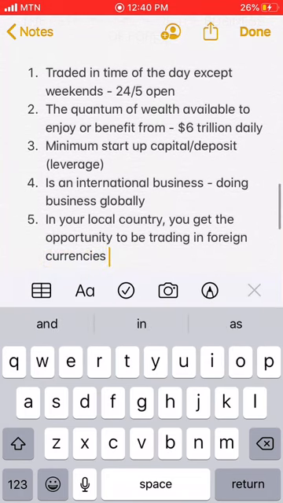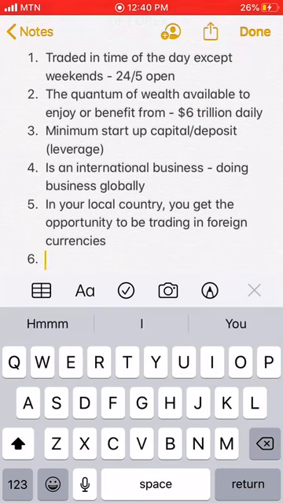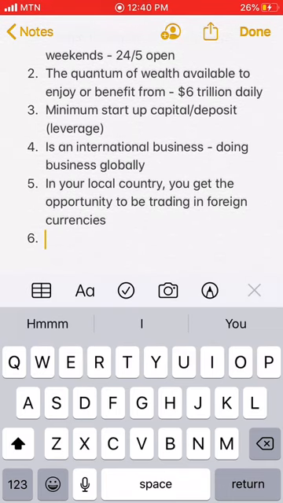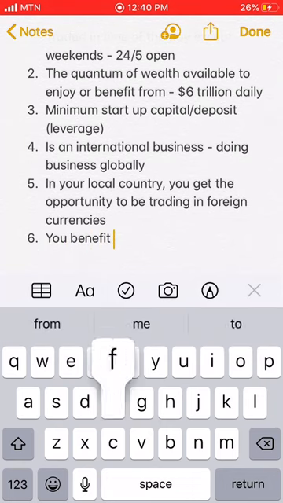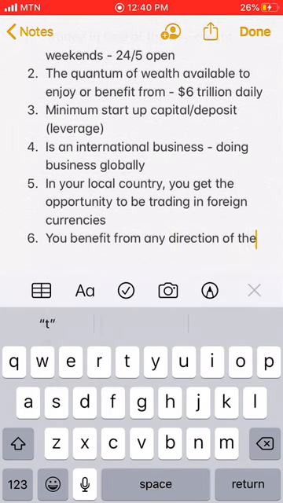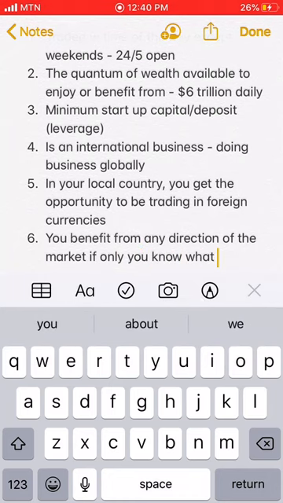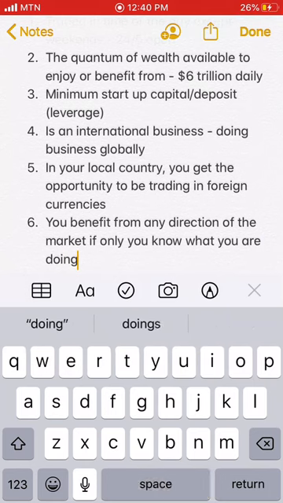Now I don't mean to be rude or less patriotic, because it's my country we are talking about. But the good news for we forex traders is that sometimes we hope that even the strength of our currency gets weaker. Don't forget, in forex you benefit from any direction of the market if only you know what you're doing. And that's what we'll be teaching you on this platform.